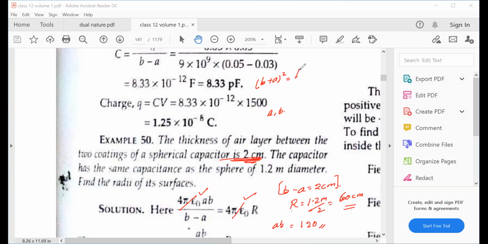Take the relation B minus A whole square plus 4AB, and from this find A plus B. After finding A plus B, you can find A and B individually. So now try to find A plus B first. B minus A is 2 centimeters, AB is equal to 120. Just substitute here.